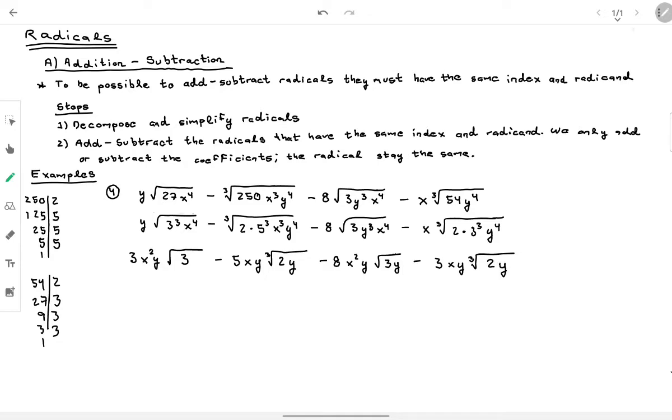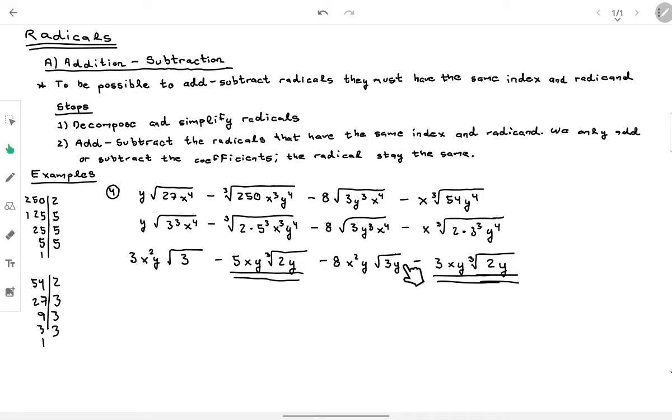So let's see. We must add those that are exactly the same. Those that are like terms only, it's this one and this one, because both of them have the same index, that is cubic root, and inside 2y. This one that is here and this one that is here, they have the same index.